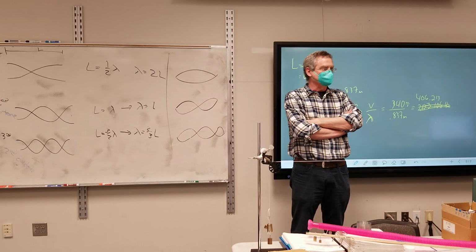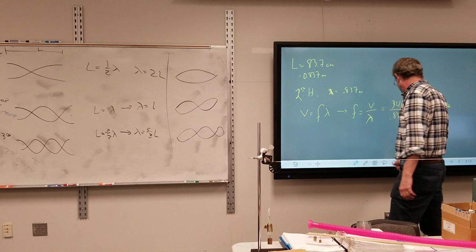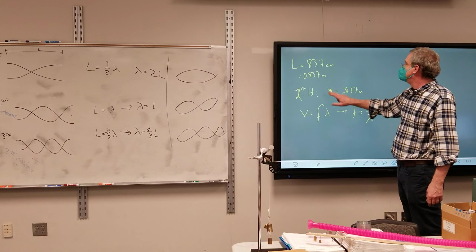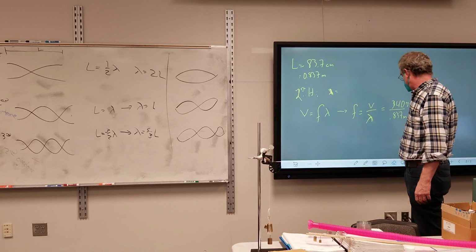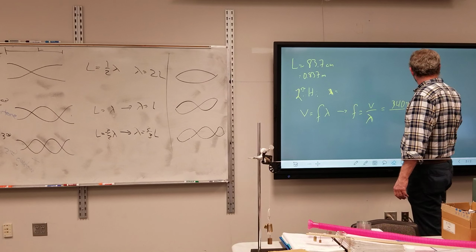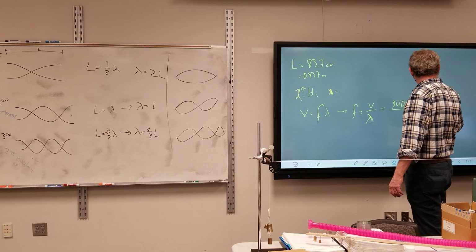So, third harmonic, the wavelength is gonna be 2/3 of the length. 0.837, and then 1 divided by... The wavelength is 0.558, and then the frequency is 609.319 hertz.